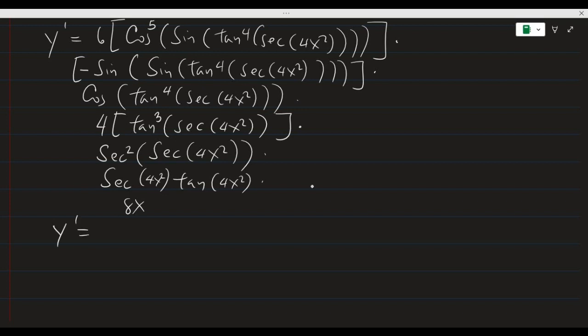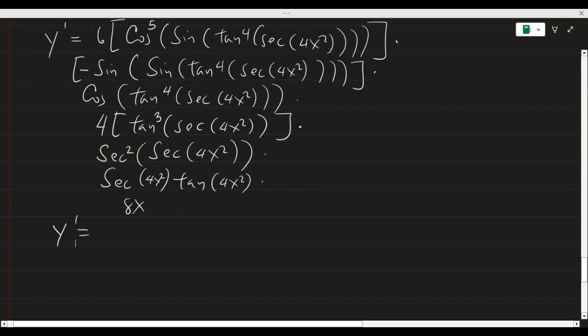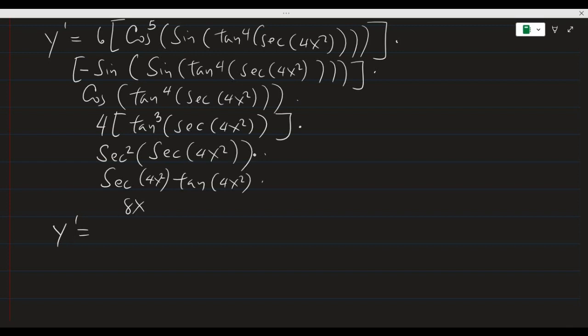First we multiply 8x by 4 and then 6, and then we include the negative sign. So 8x times 4 times 6 times the negative 1 in front of the sine is negative 192x.